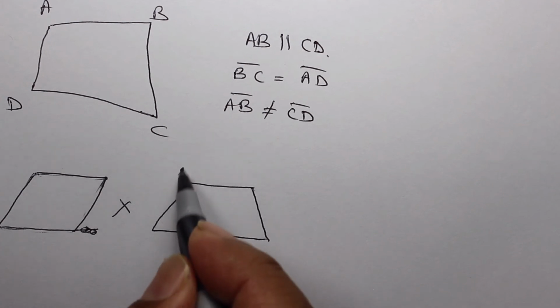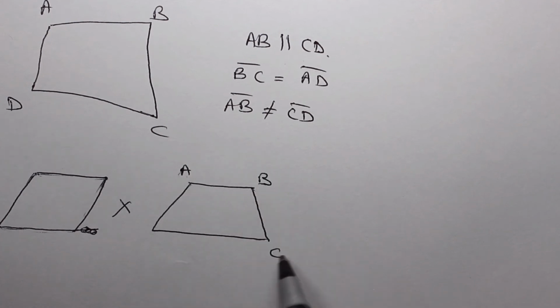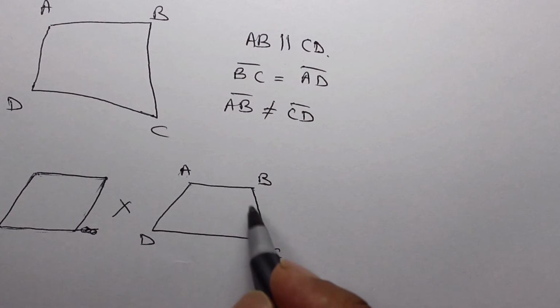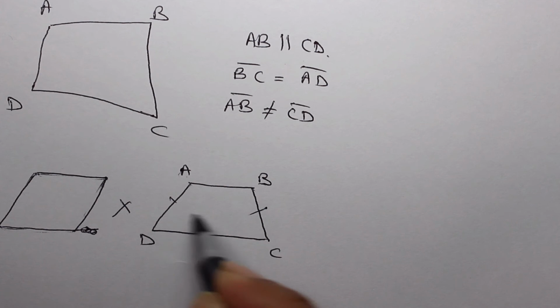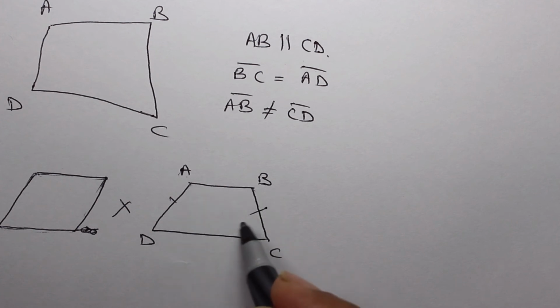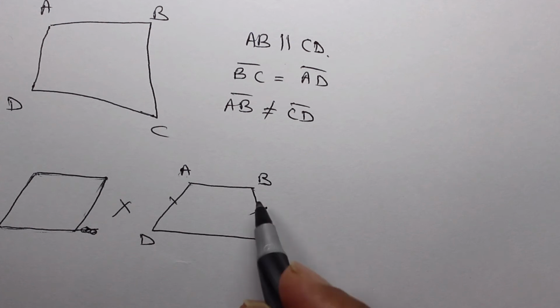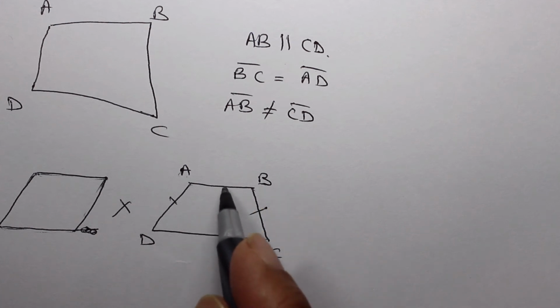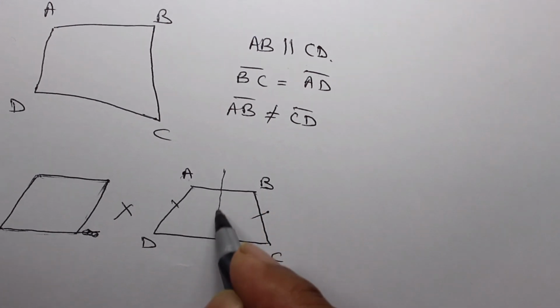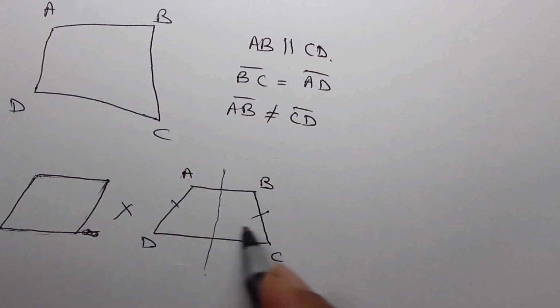So this is what we call the isosceles trapezium. These two are equal, these two are parallel. The non-parallel sides are equal. Basically, if you draw the middle point, it's kind of similar shapes on both sides.